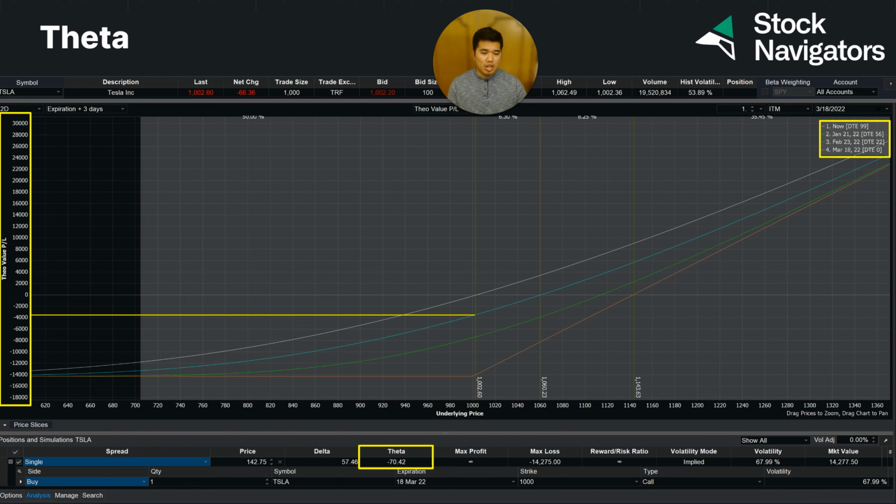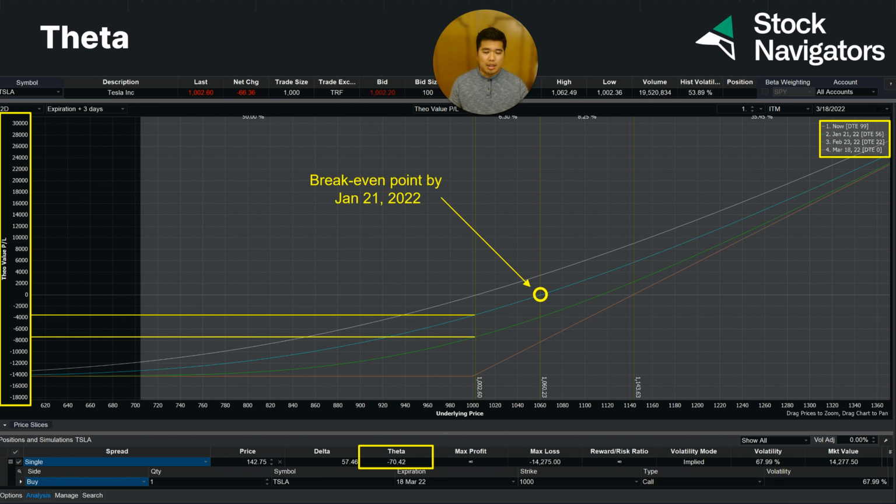By February 23rd, the price of your option has decreased again, and you are at a loss of around $8,000. And finally, by expiration date, which is the red curve at the bottom here, if Tesla doesn't move at all, then the time decay will completely subtract the money from your premium, and you will be at the maximum loss of $14,000.